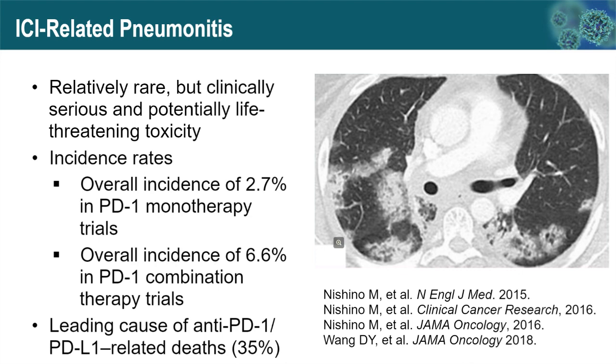And our group looked at the spectrum of imaging findings in earlier cases of pneumonitis from trials and also in the clinical setting, and have noted that there is a wide spectrum of imaging findings that is almost encompassing the entire spectrum of radiographic manifestations with corresponding clinical patterns. So from here, I would like to show you some of the examples and demonstrate the features of immune-related pneumonitis.